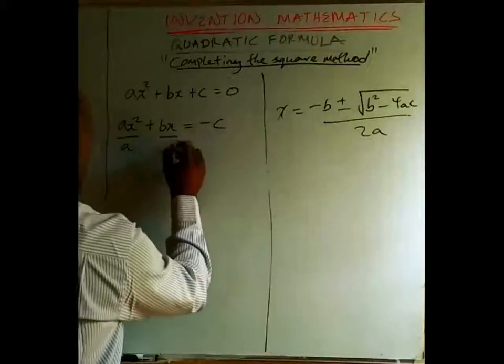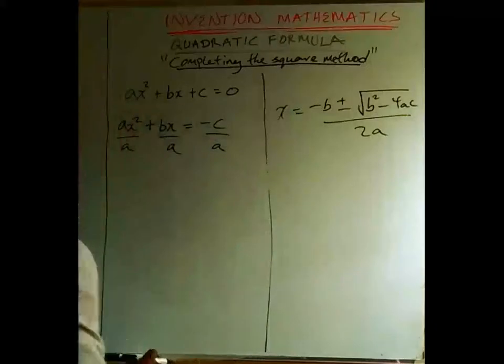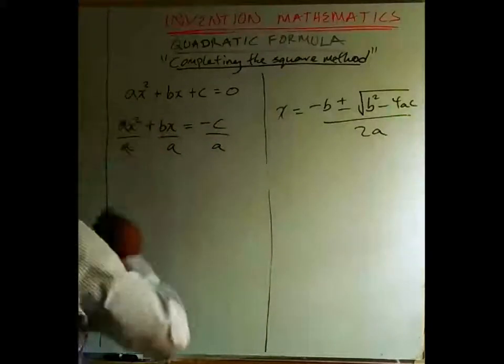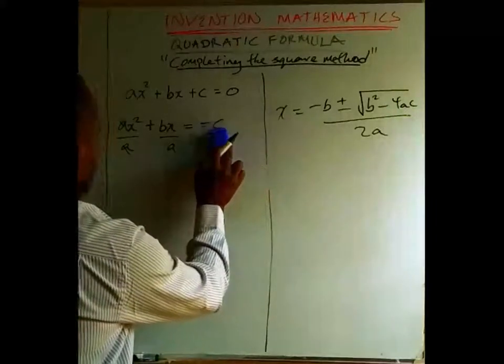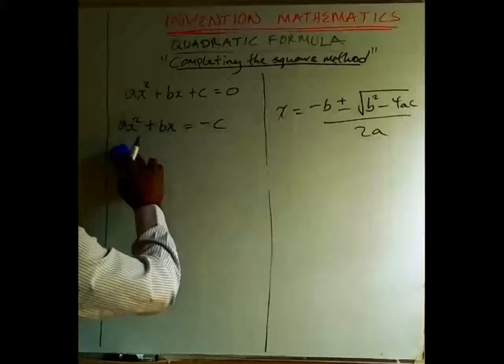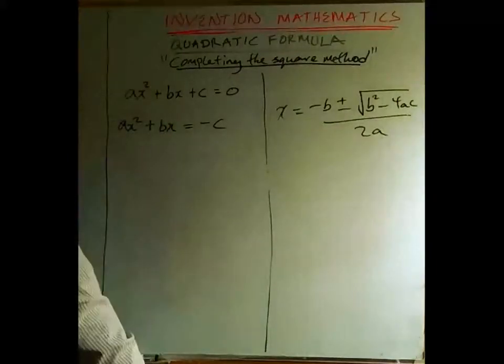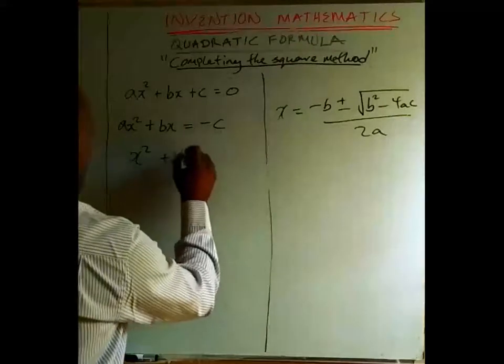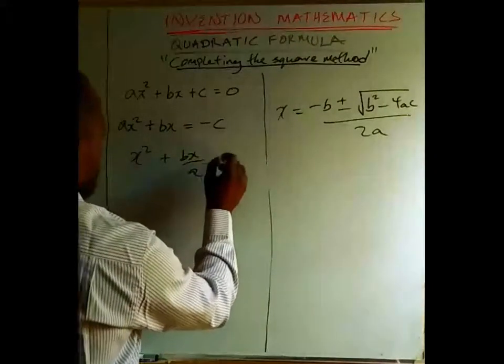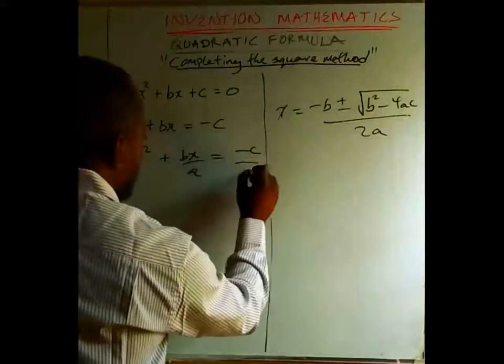Over a, over a, over a. So you have a cancel a. So what do you have? x squared plus bx over a is equal to minus c over a.